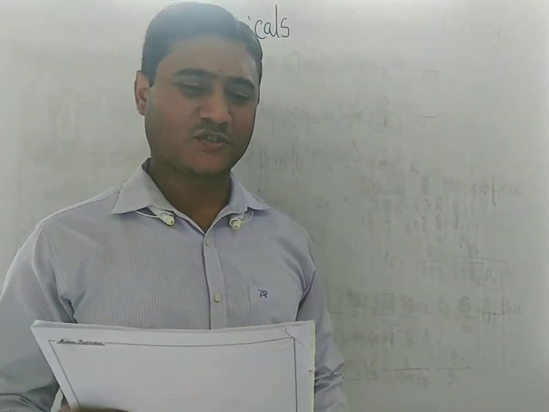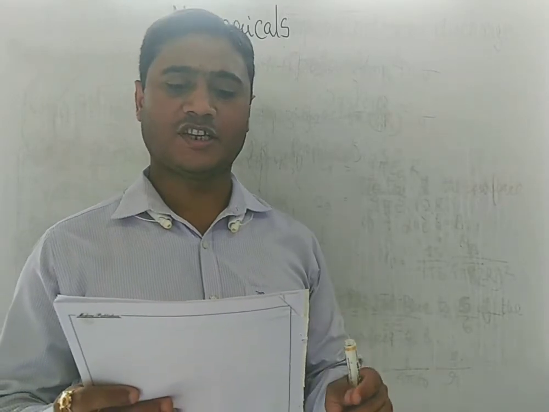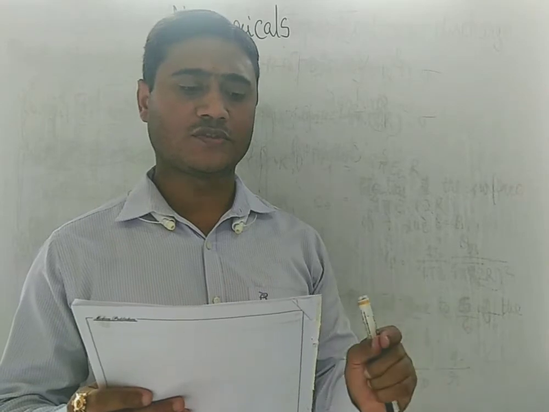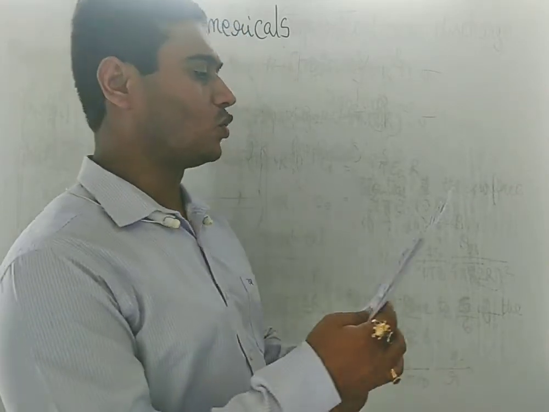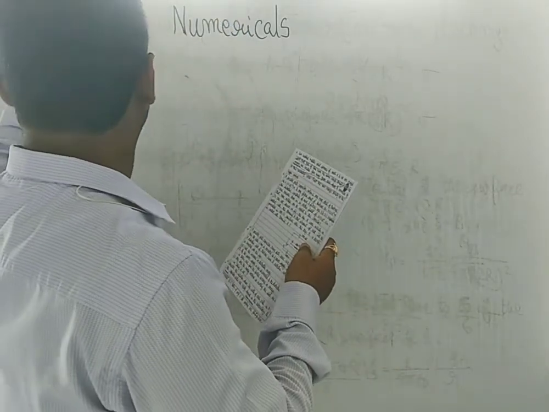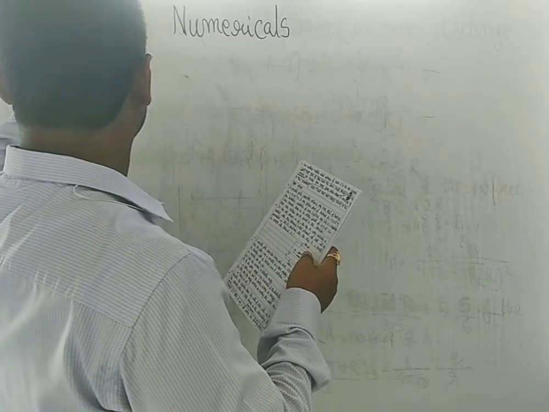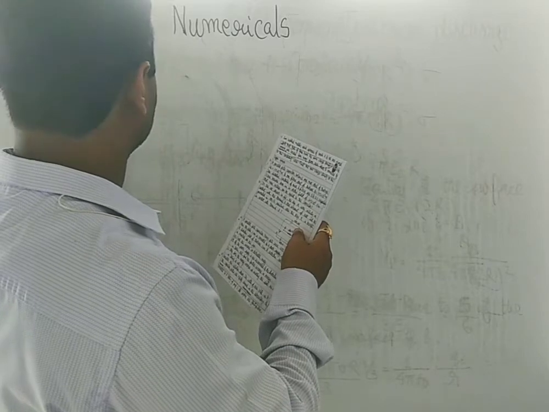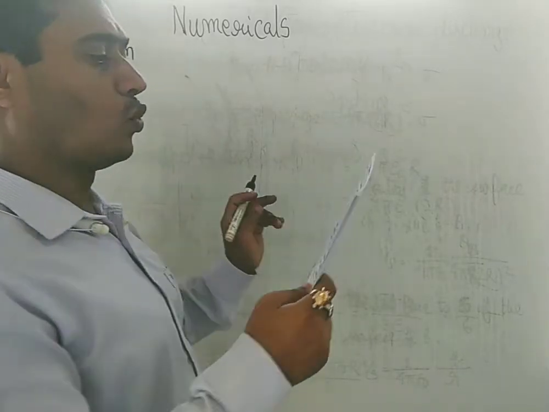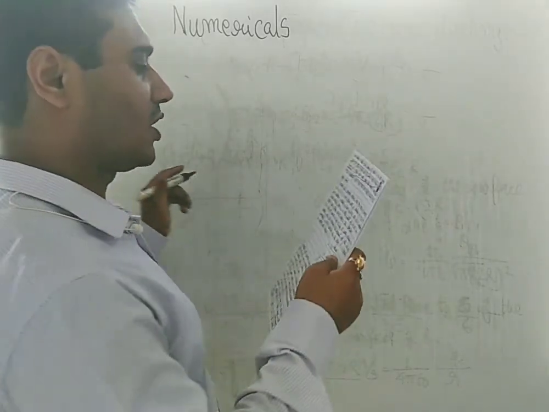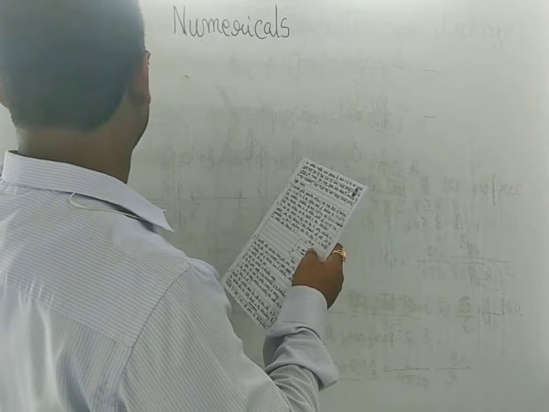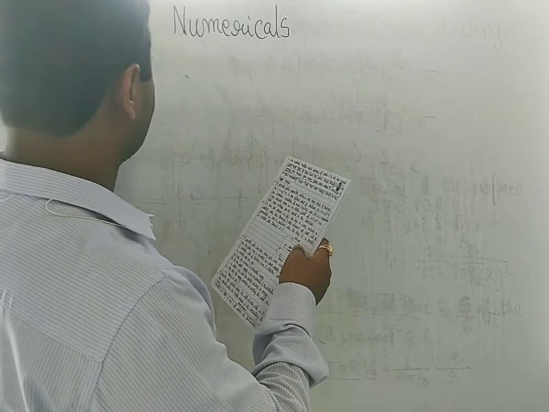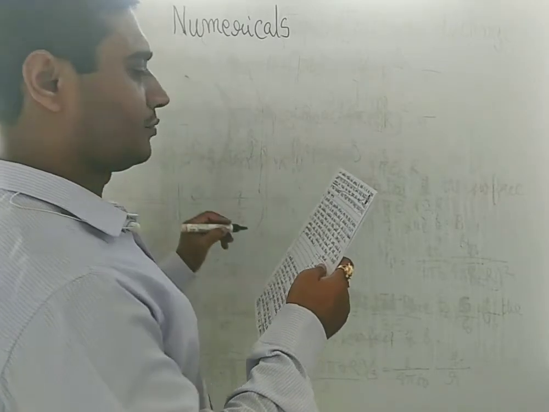Okay, now let's have the next question. A parallel plate capacitor contains one mica sheet of thickness D1 equal to 1 into 10 power minus 3 meter, and one fiber sheet of thickness D2, which is equal to 0.5 into 10 power minus 3 meter.